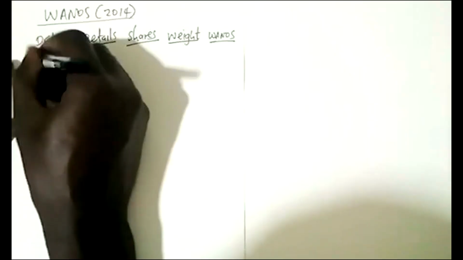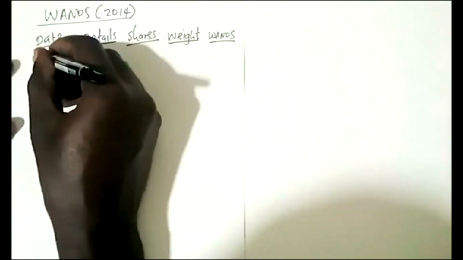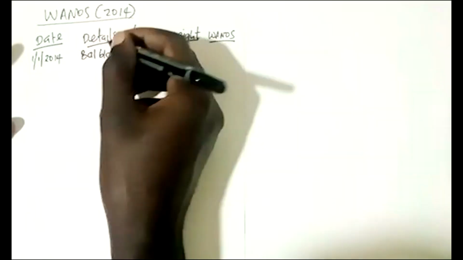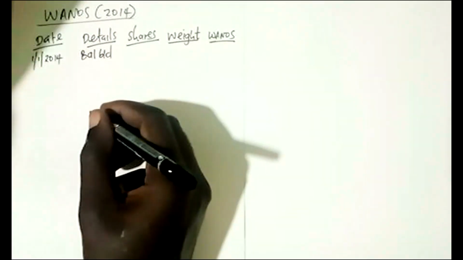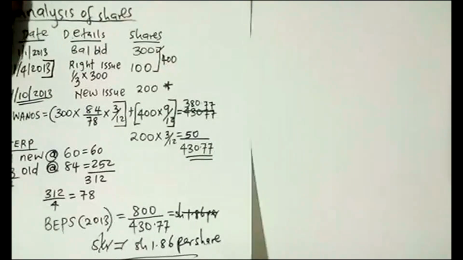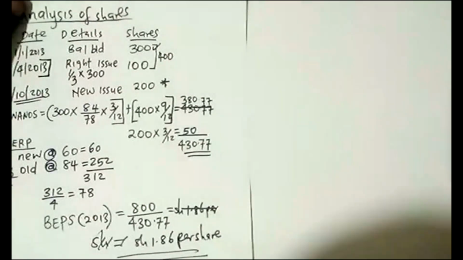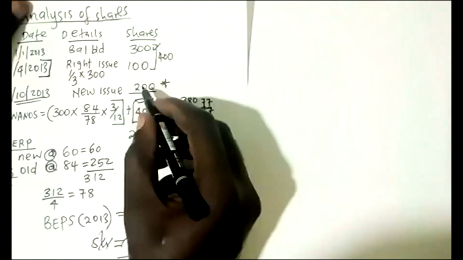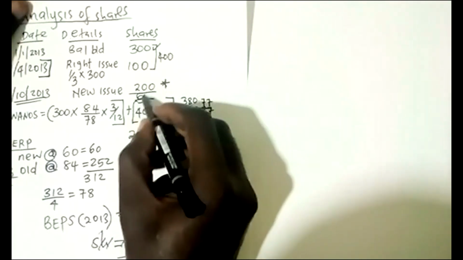So here we start from 1st January 2014. Balance brought down. So remember that the shares which were there in the previous year are what is brought down in the next financial year. How many shares were there in 2013? That is what we opened with in 2014. So this total was 600.